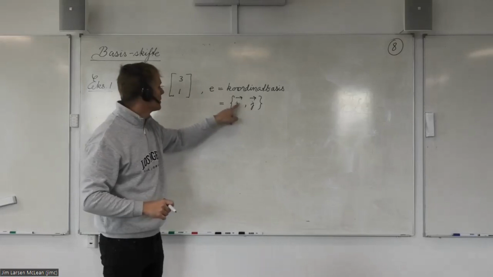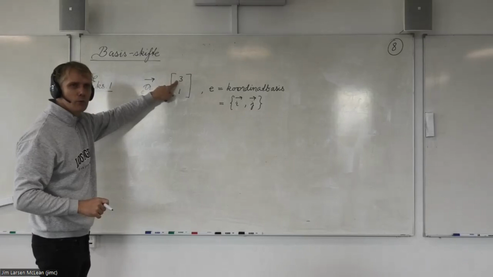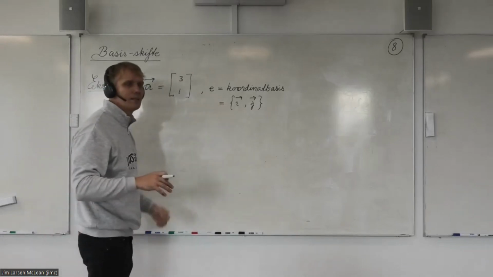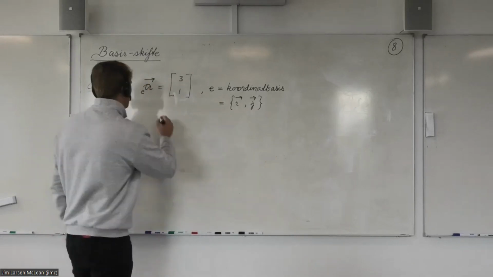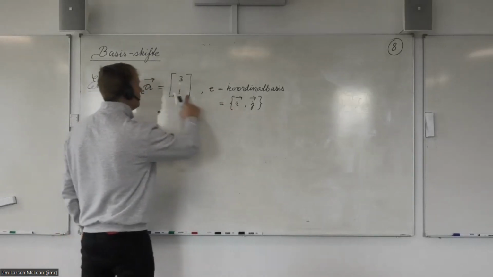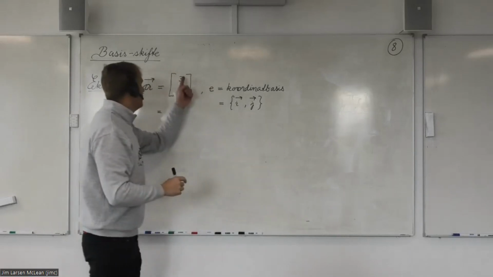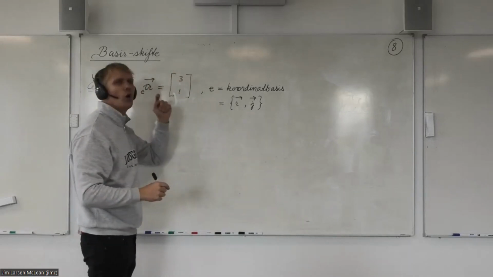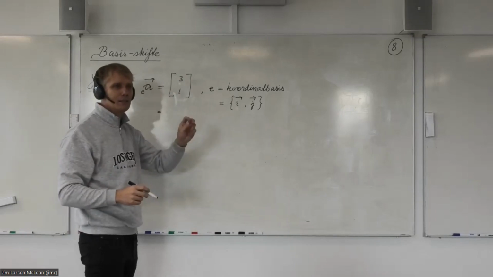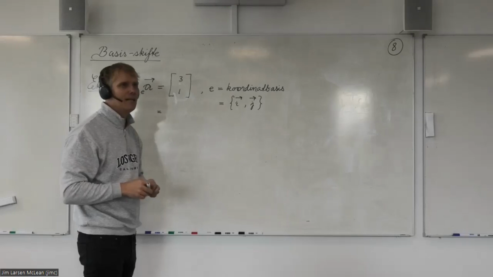You wrote this in high school without pointing it out, because that's all you ever did there. But now we need to say what we mean. We mean 3 units of that vector plus 1 unit of that vector. That's what we mean when we write something like this. Two coordinates stacked vertically are called a coordinate column, and they always refer to a basis, because without that, it's meaningless. You have no idea what it means.